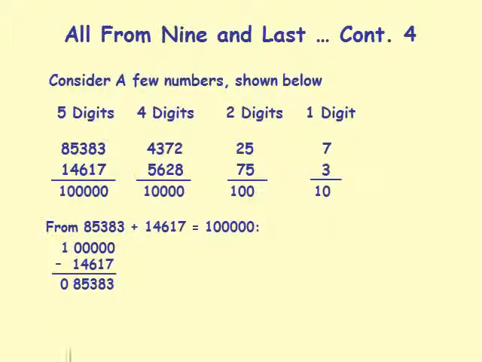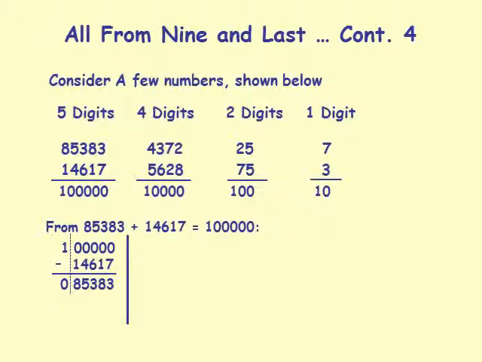Let's continue here. I split these numbers in two, one on the left part and one on the right part. On the left of the top number is a 1 and the right is 0. Below it, the left is assumed 0 and the number is 14617. Here is the answer, 85383 on the right, and the 0 I added for clarification so I can explain something.